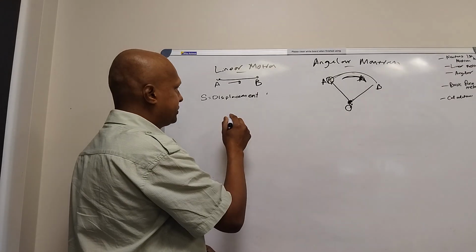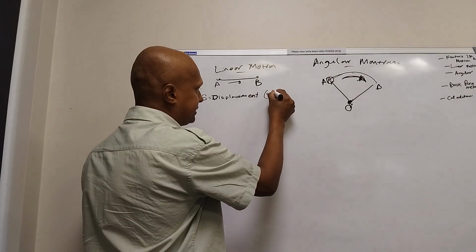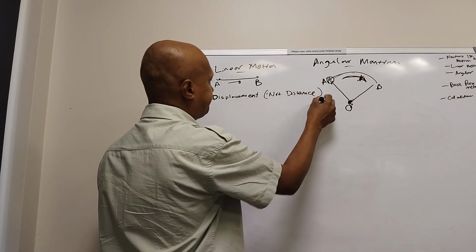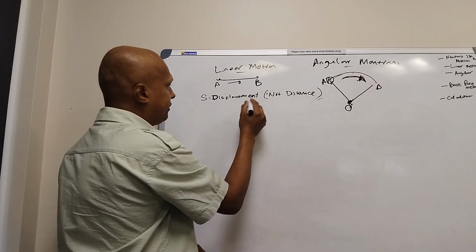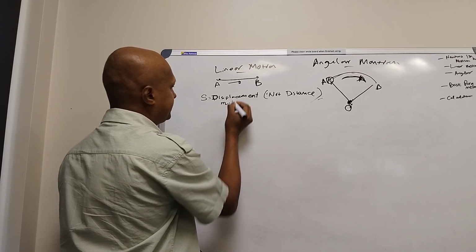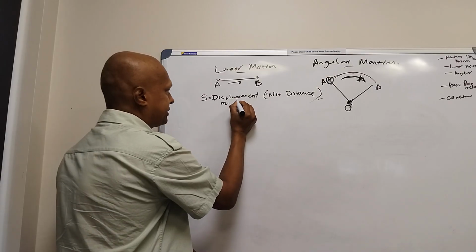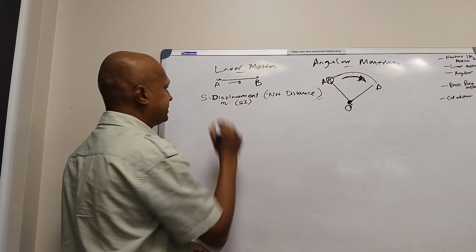Displacement has a direction, so this is not the distance. It's not distance, it's displacement. Alright? The SI unit, the international standard unit, is meters.